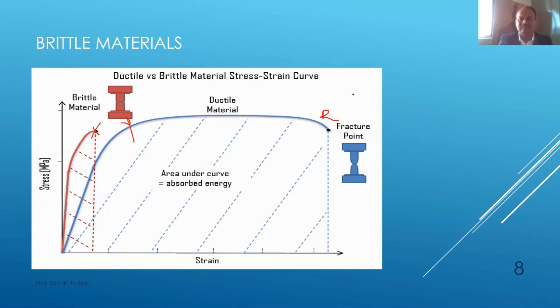The example is cast iron, or maximum times we consider bricks and cement walls as brittle materials. So in that case, we get this point as a rupture point. So this is the basic difference between ductile and brittle material. We have to remember this.